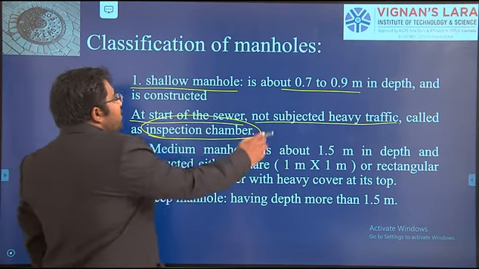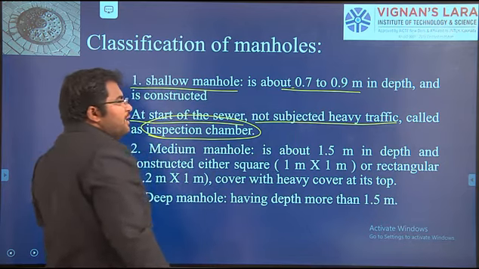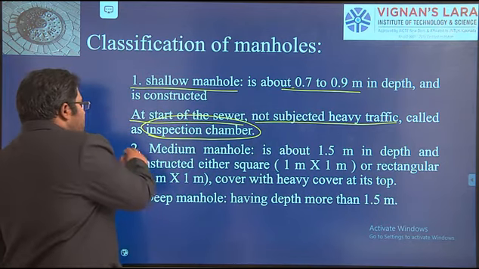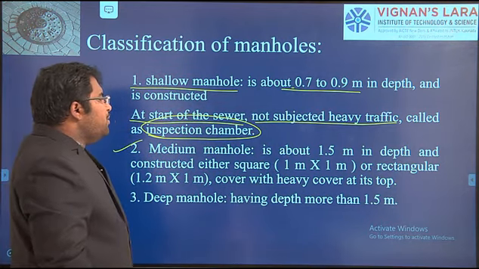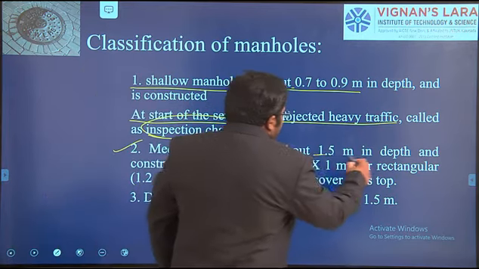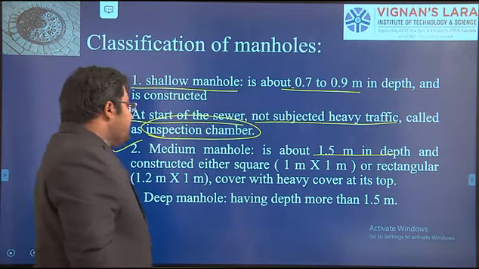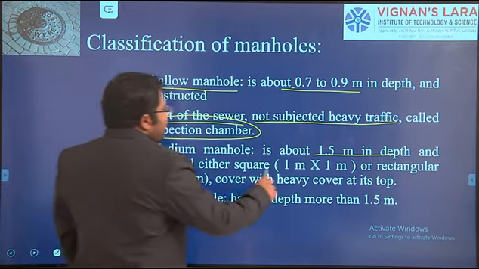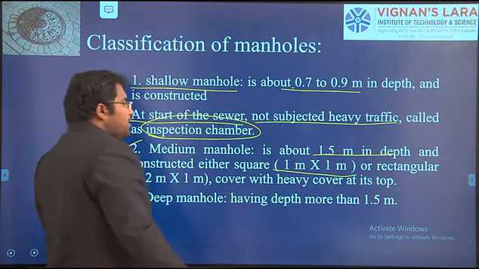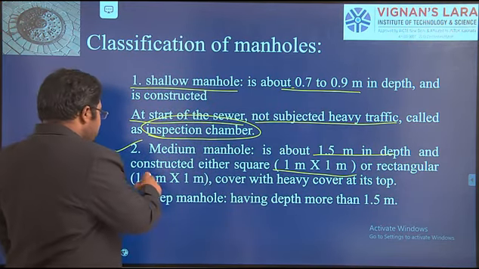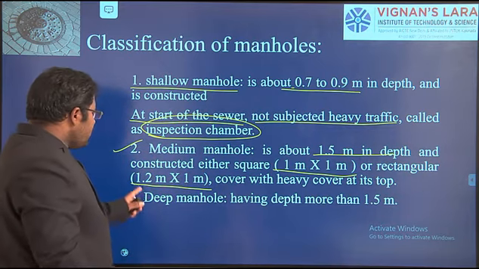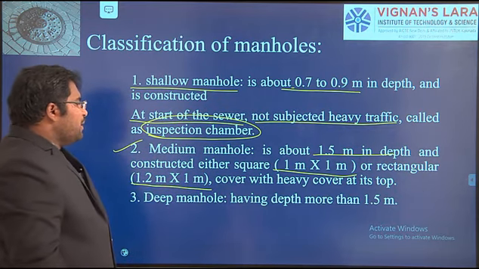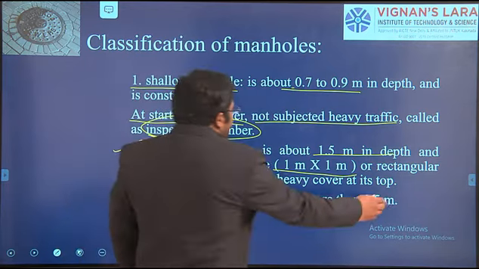It is rated 0.7 to 0.9 meter in depth. Next, the medium manhole is about 1.5 meters in depth and constructed either square, 1 meter by 1 meter, or rectangular, 1.2 meter by 1 meter, covered with a heavy cover at its top.